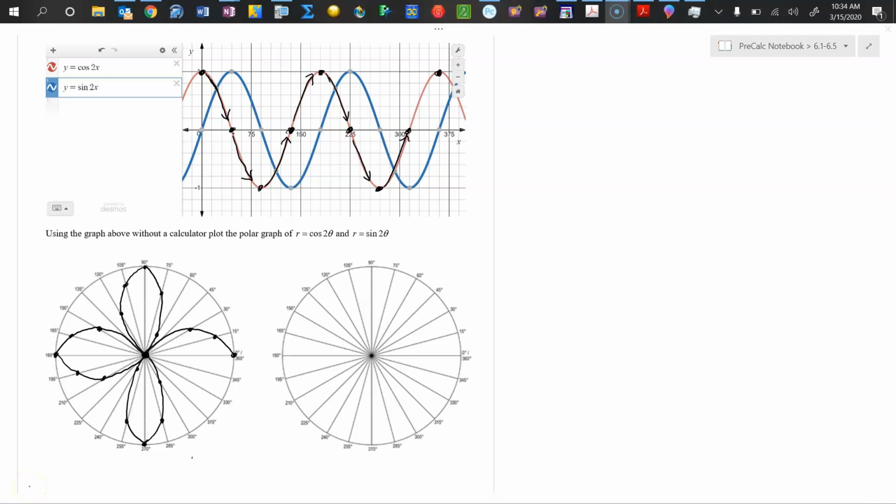And finally, the interval from 315 degrees to 360 degrees, we can see that r is increasing from 0 towards 1. So that portion of our graph is going to look like this.